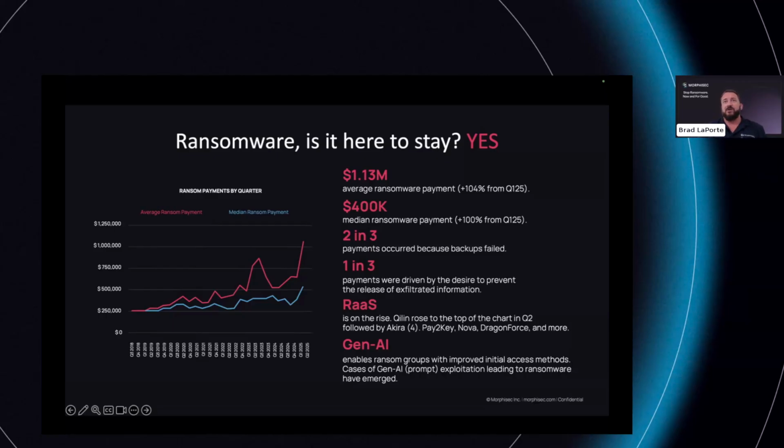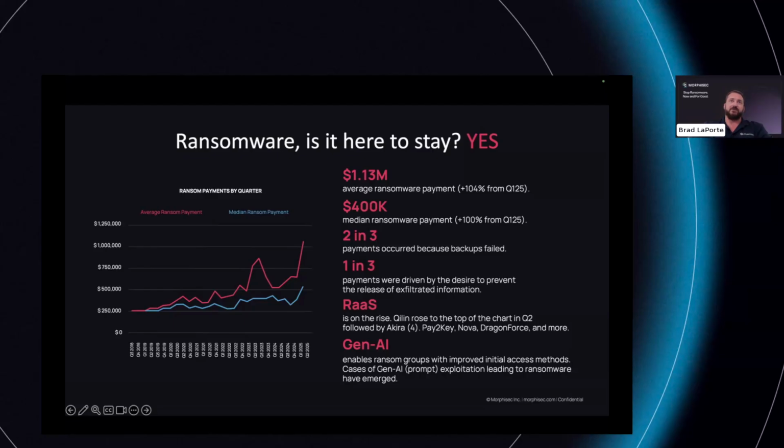IBM has come out with their 2025 X-Force Threat Intelligence Index report, which says that almost one third of ransomware attacks now involve some degree of automation or AI-assisted infiltration in some way, shape, or form. So we're really on the cusp of this frontier.